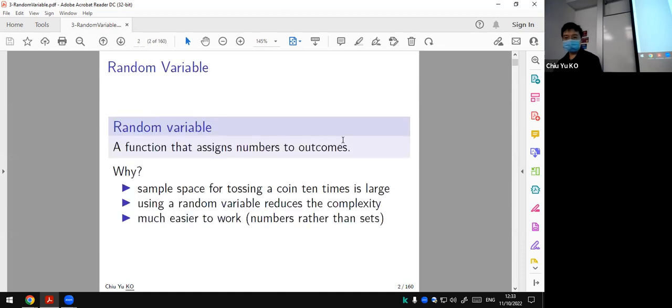There's a random experiment, some random outcome comes out, and then we put numbers to it. In our course, we focus on putting only one number. And you can easily see that sometimes it's appropriate to put more than one number. You want to put two or three or more numbers, right?